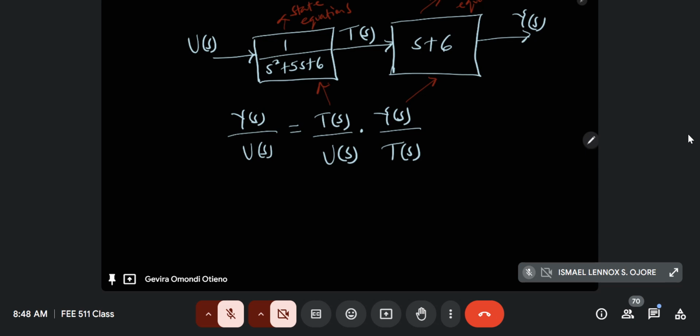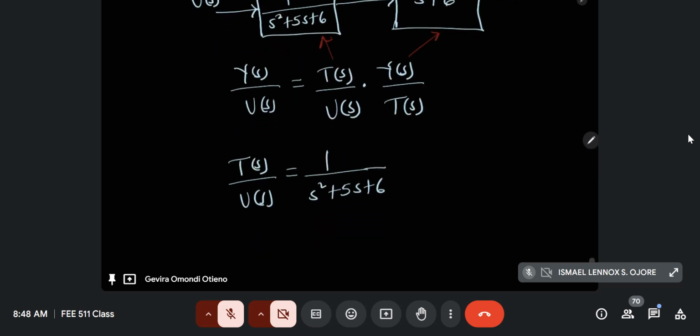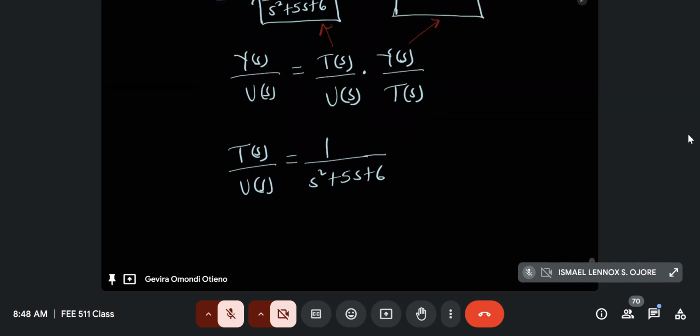So now, the transfer function for the first block, T(s)/U(s), is given by 1/(s² + 5s + 6). That we now know. Because our first block has a constant term, it is just 1 in the numerator, it's very easy to manipulate. How do we manipulate this? I gave you steps.